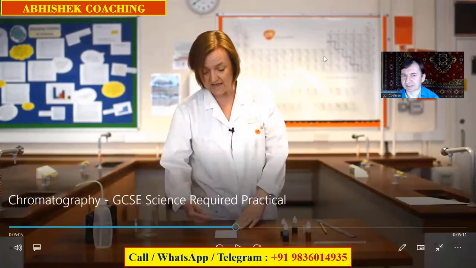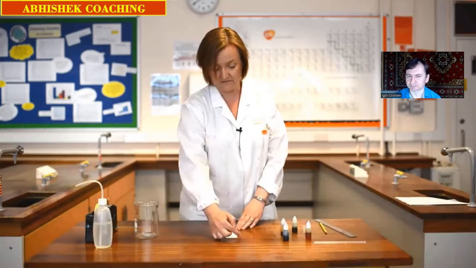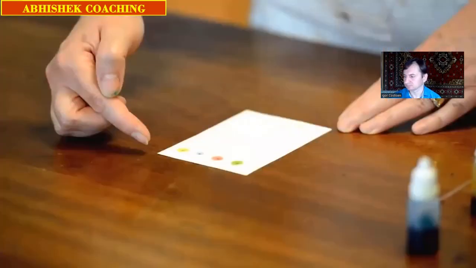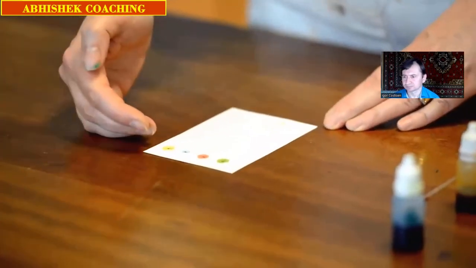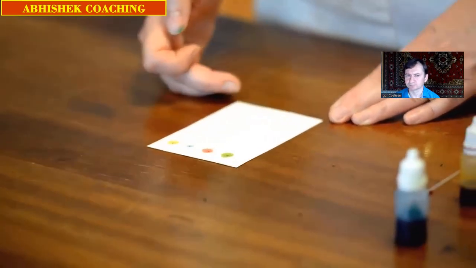So, as you can see, the lady has prepared concentration solutions of the sample and substances Y, B and R. She has placed a spot of each along a line on chromatography paper. Then she has labelled them. And the water is going to be put at the very bottom of the paper and will be drawn up again by capillary action up through the chromatography paper.